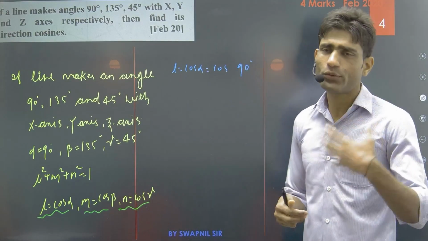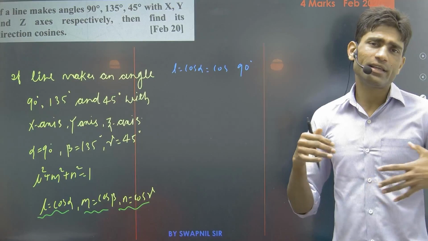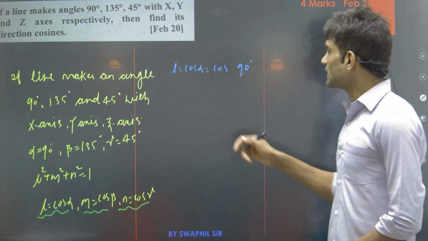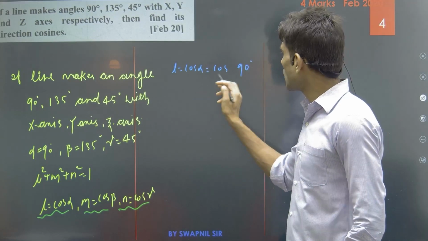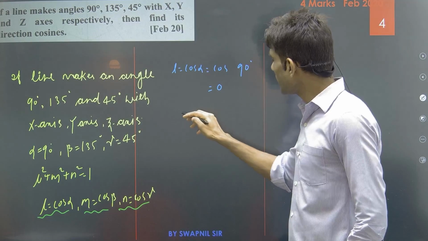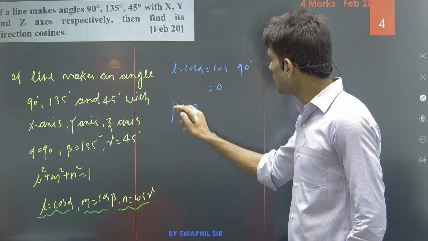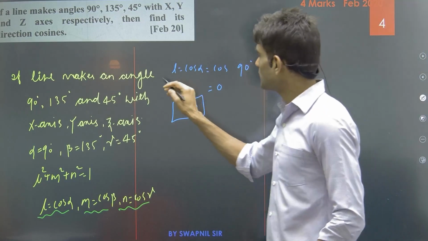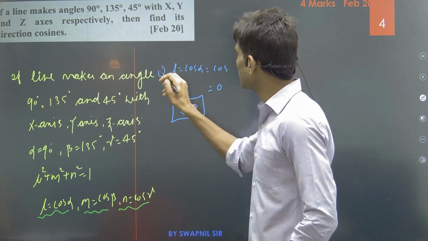We need to remember all these values. So cos 90 gives 0, and we get l equal to 0, which is our first direction cosine.